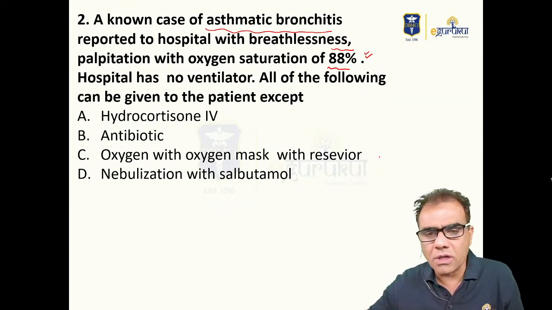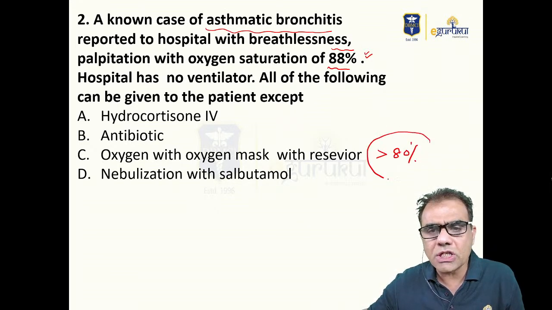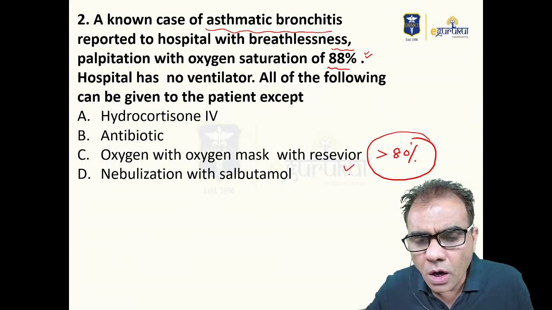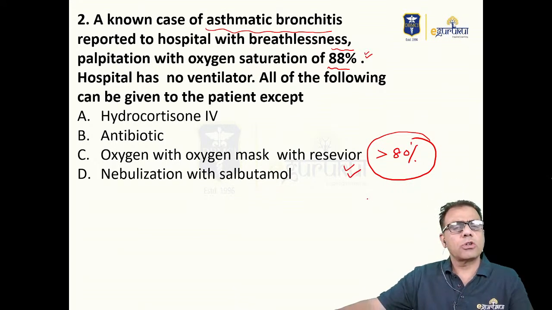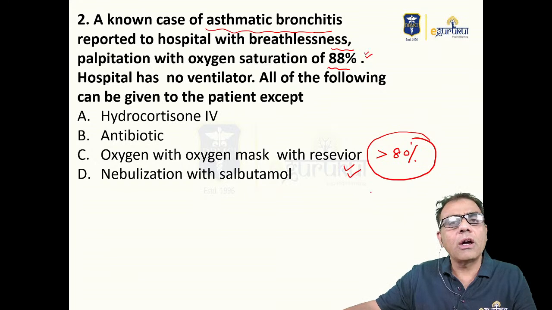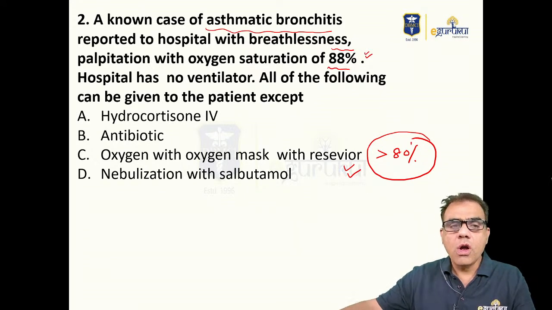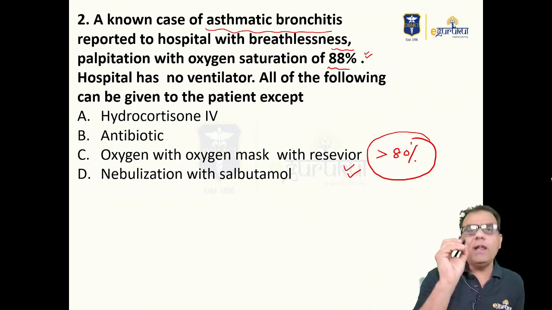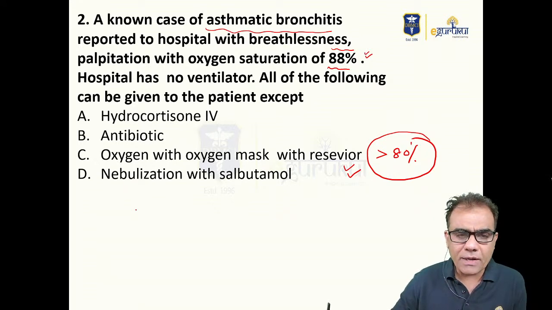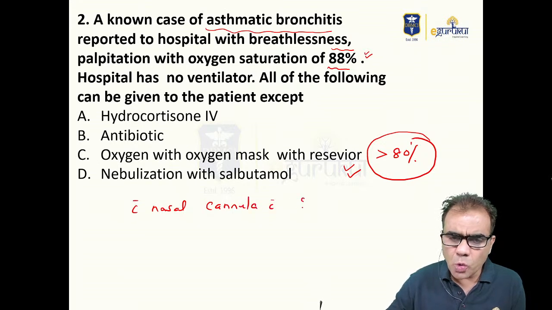Oxygen mask with oxygen reservoir is delivering more than 80%. So if you give such high oxygen to asthma patients or COPD patients, that can turn out to be a lethal event. So for this patient, we will be delivering oxygen, but with the nasal cannula, and I'll start with 2 liters of flow.